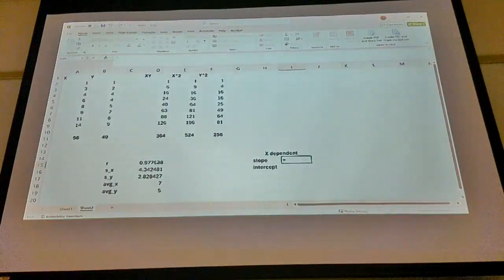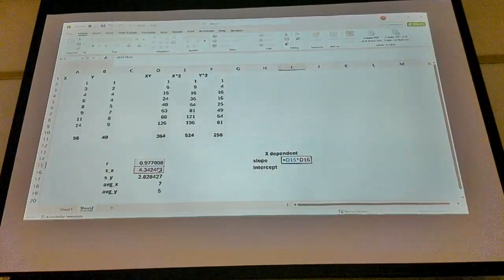So R times S dependent, SX. Remember, the formula is assuming Y is your dependent variable. So XY is where D is at. SX is D16. D15 is R.